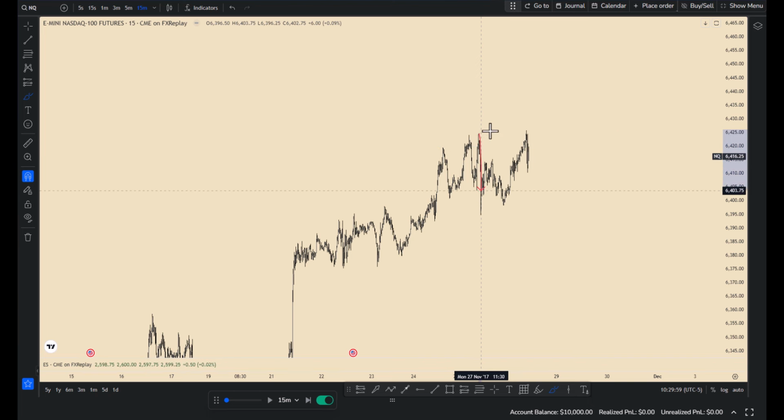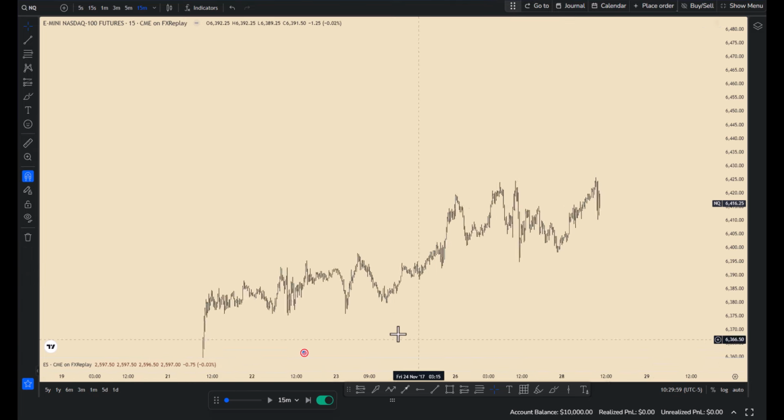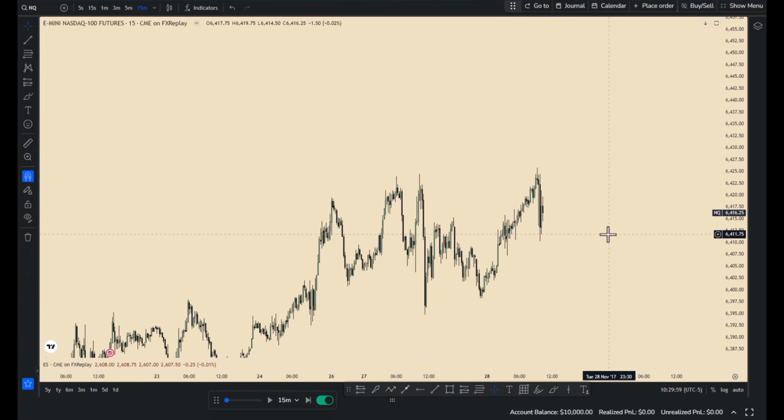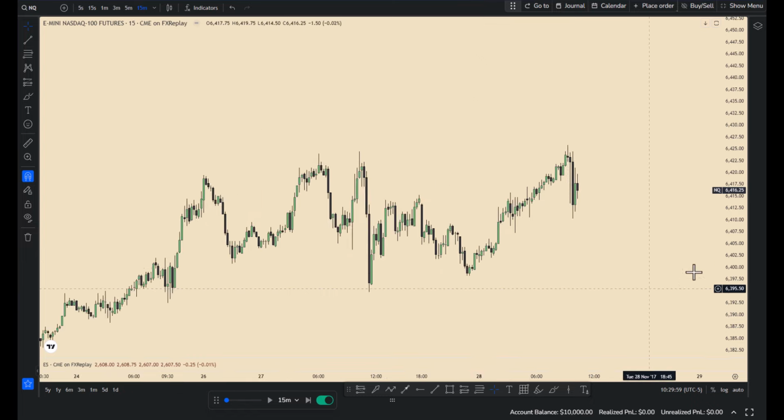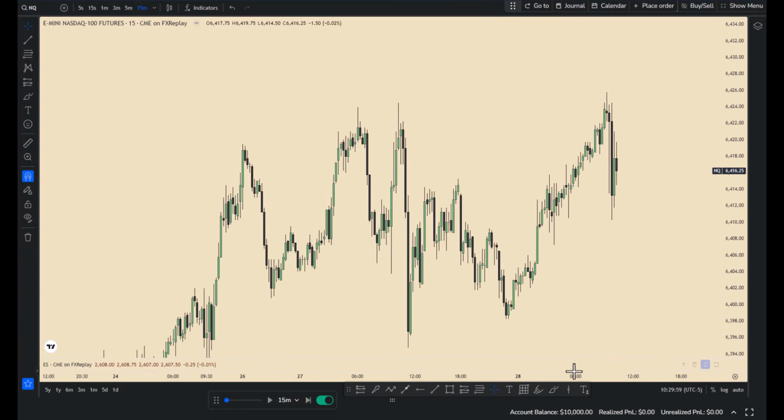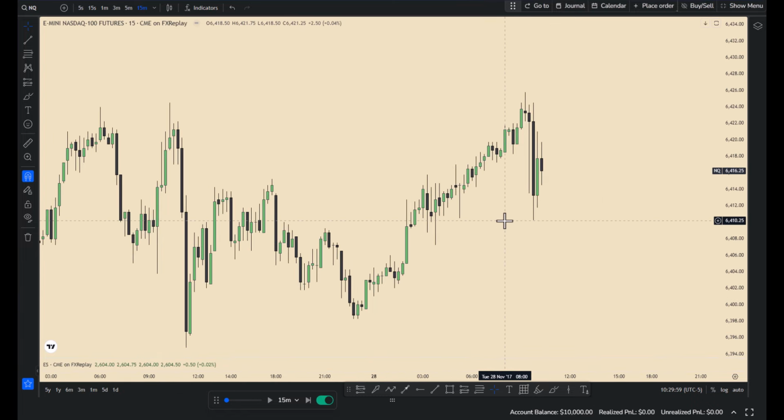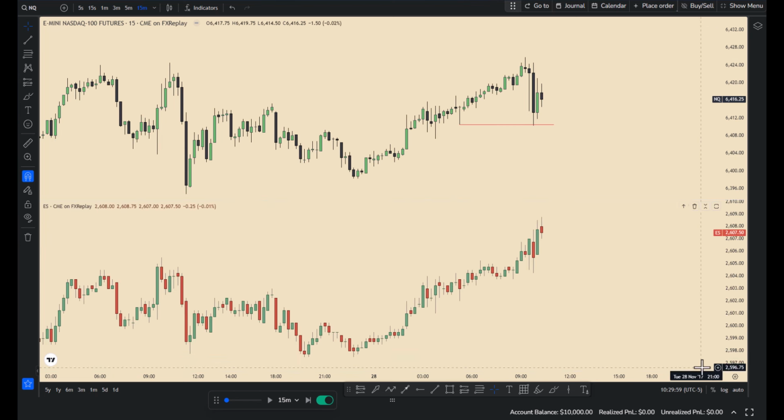We took this high. We have an SMT here. You can clearly see that ES didn't take this low while NQ did.